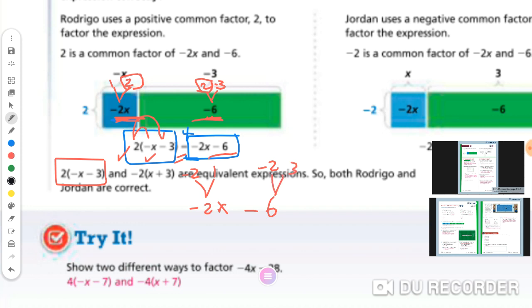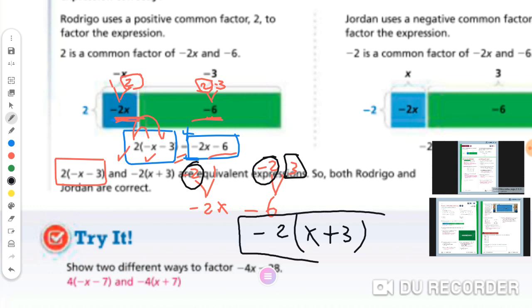If we take negative 2 out, the remaining is 1x, with positive x, and the remaining here is 3 only, with positive number, so it's plus 3. So we can write it both ways. By taking the negative number or the positive number, it's the same. We do this in this form if we have two negative signs, so it's common and we can take it out.